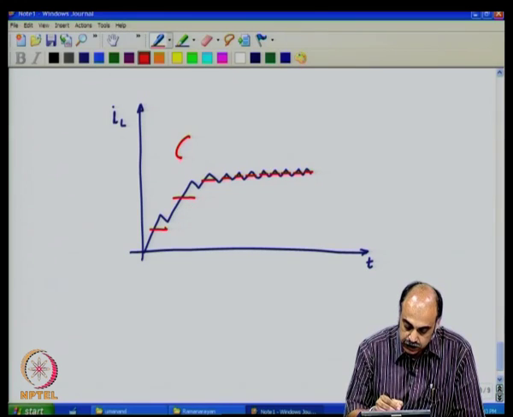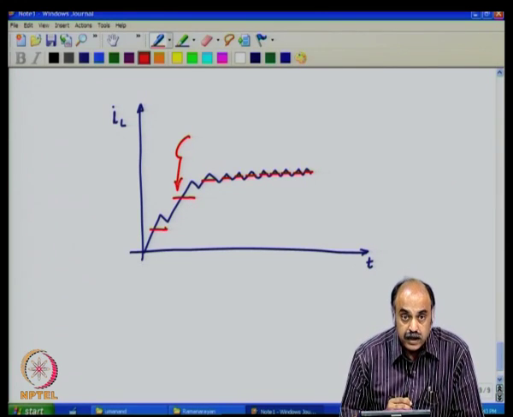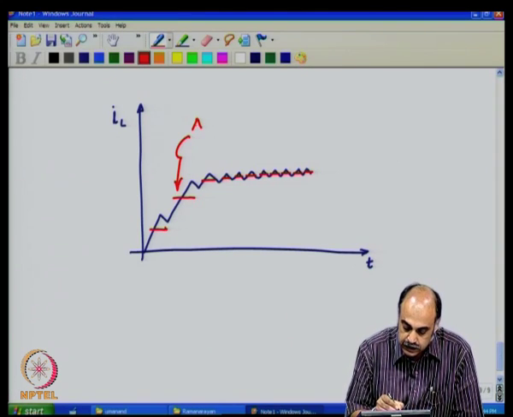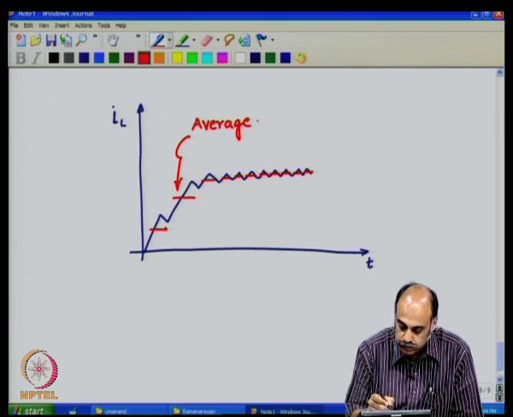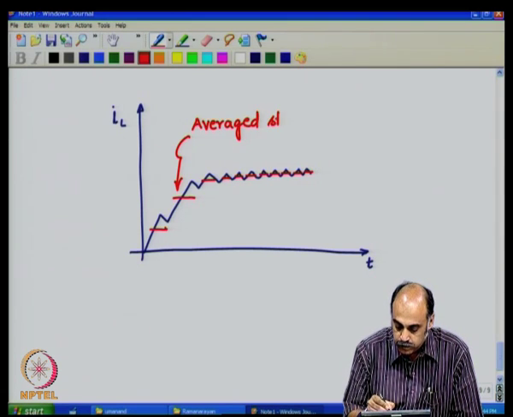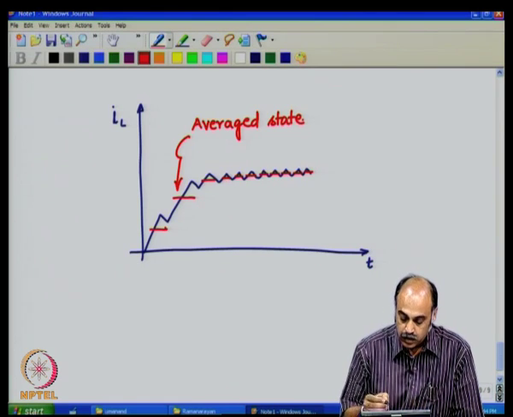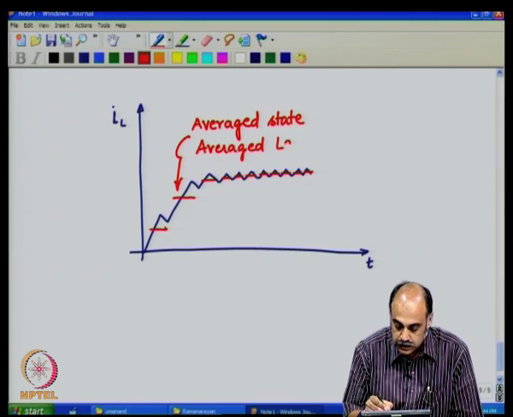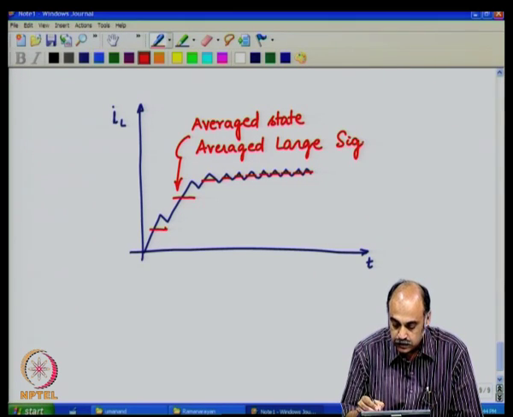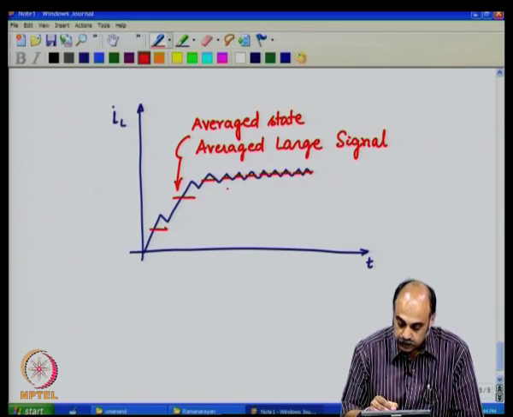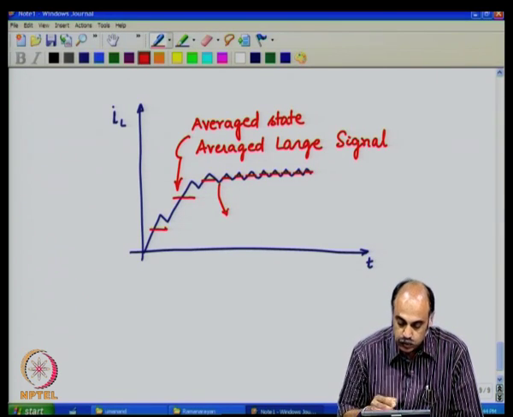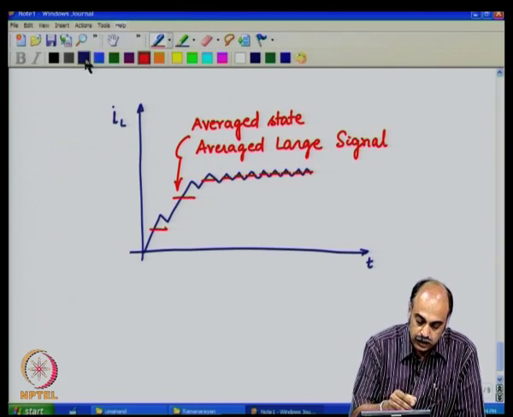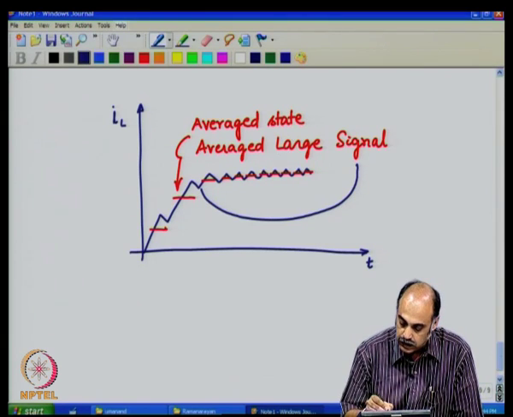So, this red marked curve still indicates the dynamics, but the time period being very small compared to the dynamics of the system, this is called the averaged state, and we call it the averaged large signal, where the blue is actually the large signal under consideration.